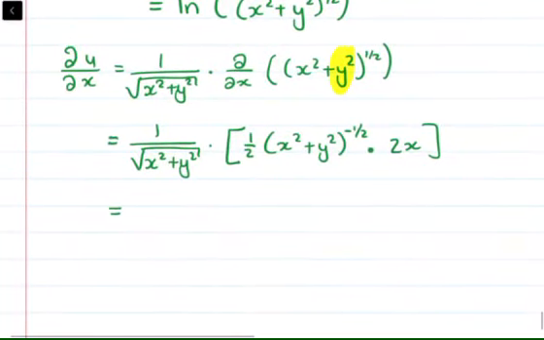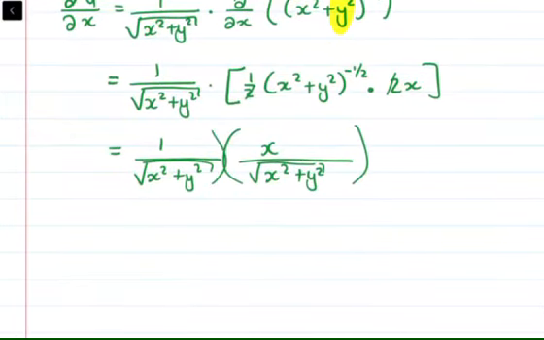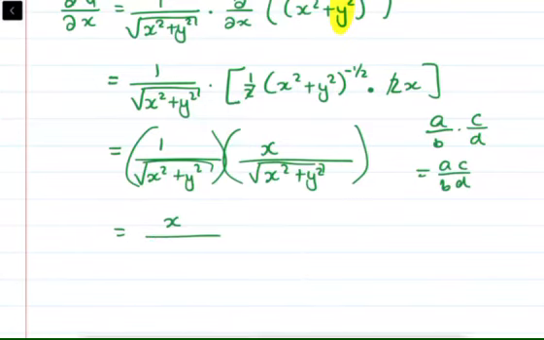Okay, and then this simplifies to, I have 1 over the square root of x squared plus y squared. The 2's cancel, so I have x over x squared plus y squared. Okay, so then I'm multiplying these two together, and remember that a over b times c over d is equal to ac over bd, which means I have x over the square root of n times the square root of n, and the square root of n times itself is just n, so I have x squared plus y squared.